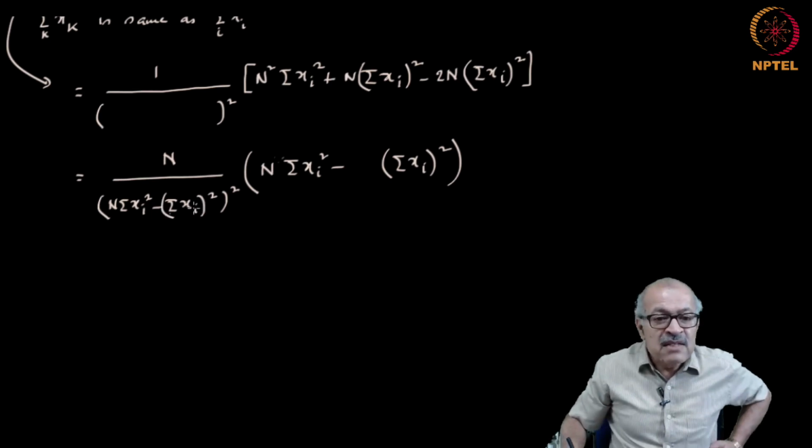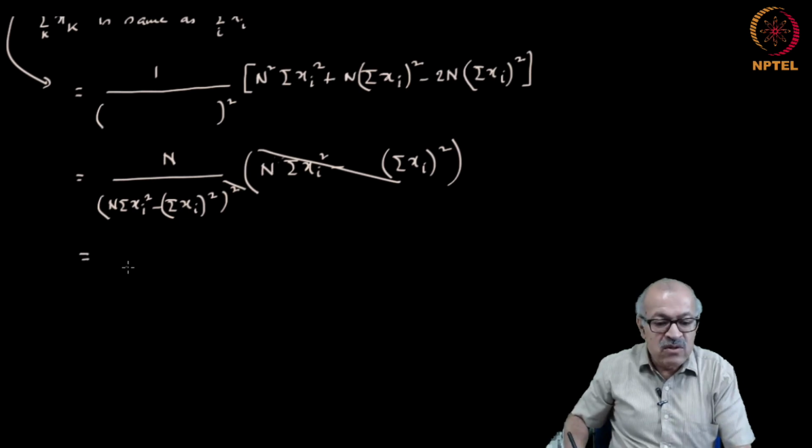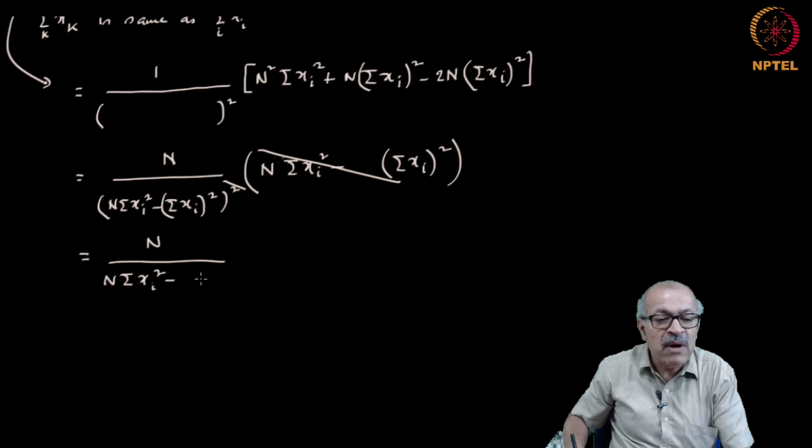Now notice that this is exactly the same, and here is a square, so this will cancel with the square, leading to a simpler expression: n divided by n sigma xi square minus sigma xi whole square.